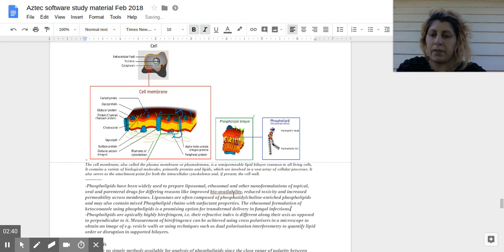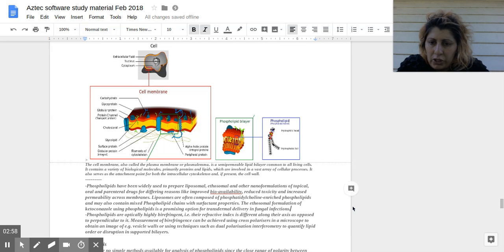Phospholipids are optically highly birefringent, which means their refractive index is different along their axis as opposed to perpendicular.